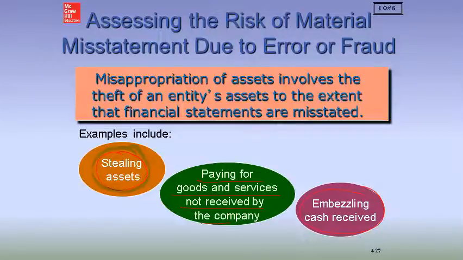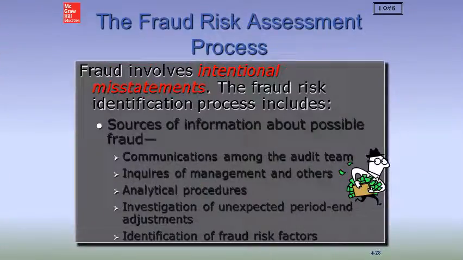And we could be concerned about the same sort of misstatements whether it's due to an error, but if it's due to fraud, we're thinking it's intentional. So, how are we going to find out if there's a potential that our client has had some sort of fraud go on?